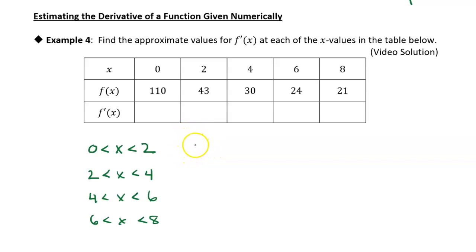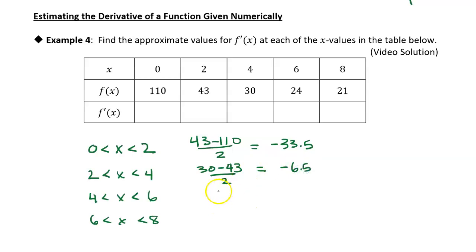For the first interval, I'm going to take 43 minus 110 and divide that by 2, because it's 2 minus 0, so the change in x is 2. What do I get? I get negative 33.5. For the next interval, I take 30 minus 43 over 4 minus 2, which is 2, so negative 6.5.